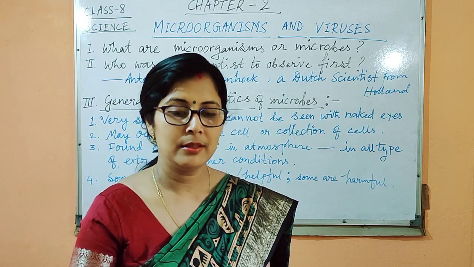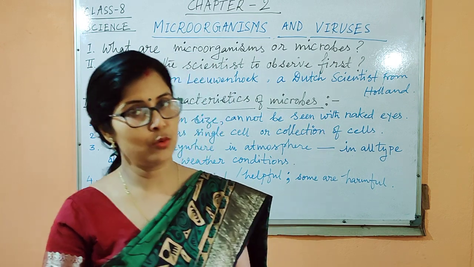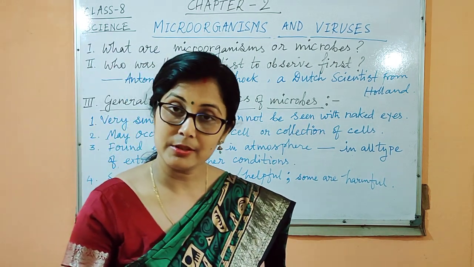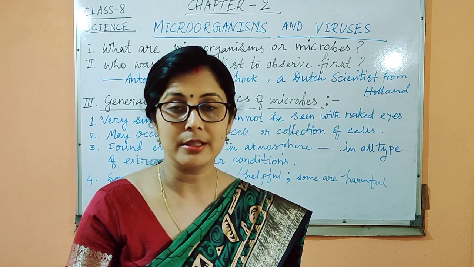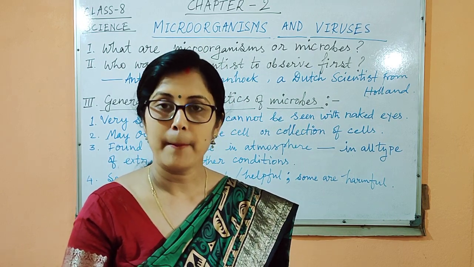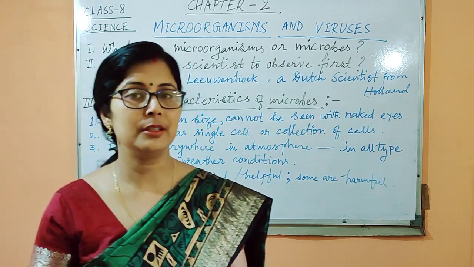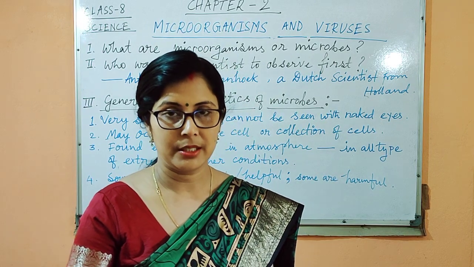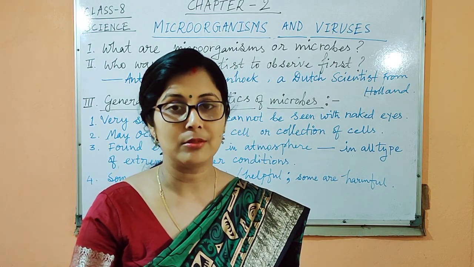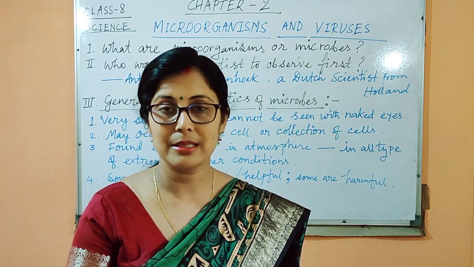Now, when we talk about cells, if I ask you who first discovered the cell, many of you must be knowing the answer. It is Robert Hooke. But I must inform you that Robert Hooke only observed the boundaries of the cells, that is, the boundaries of the cells in the cork, the thin slice of cork.